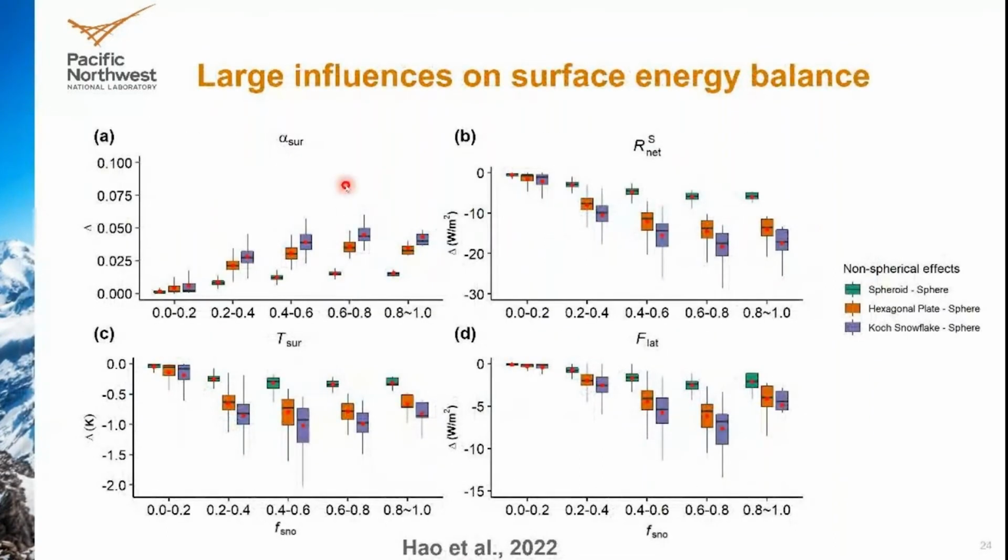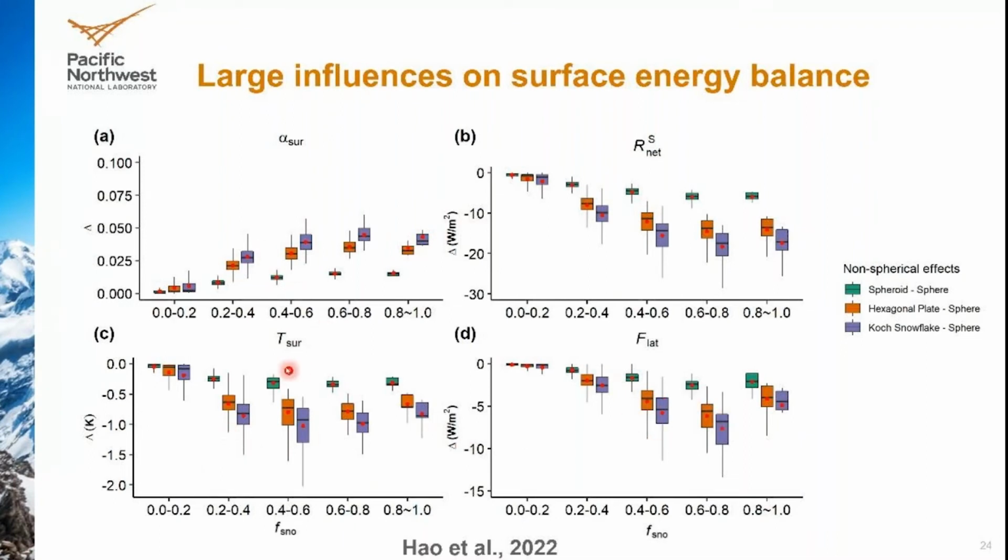Then we analyze how the snow grain shape can affect the surface energy balance. This figure shows four important variables for the surface energy balance: the surface albedo, net solar radiation, surface temperature, and latent heat flux.